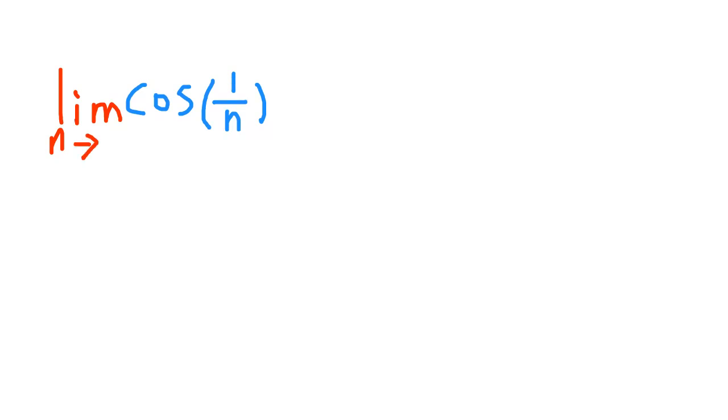So the beautiful thing is, if the function is continuous, when n goes to infinity, cosine of 1 over n is continuous. That means we have no problem to swap cosine and limit. So we could do cosine, then we take a limit.